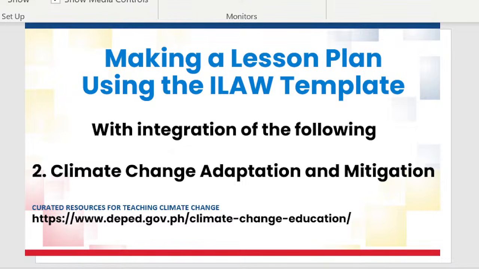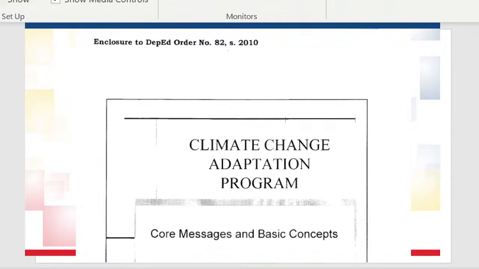So there are resources for this at www.dep.gov.ph/climate-change-education. There are curated resources for teaching climate change. The climate change adaptation program, core messages and basic concepts are present in DepEd Order number 82, series of 2010.